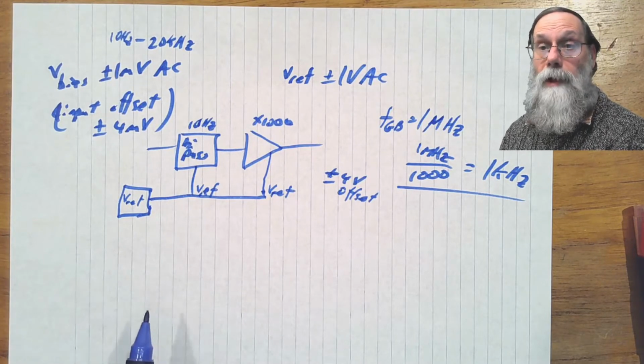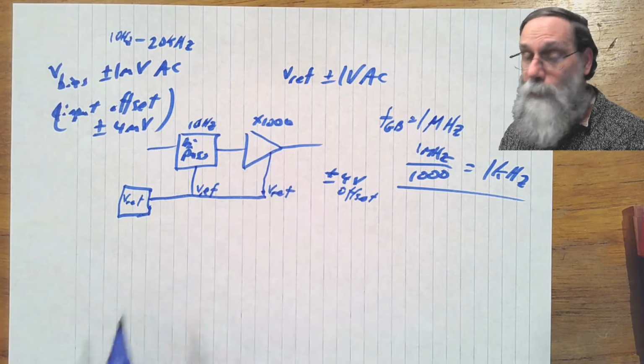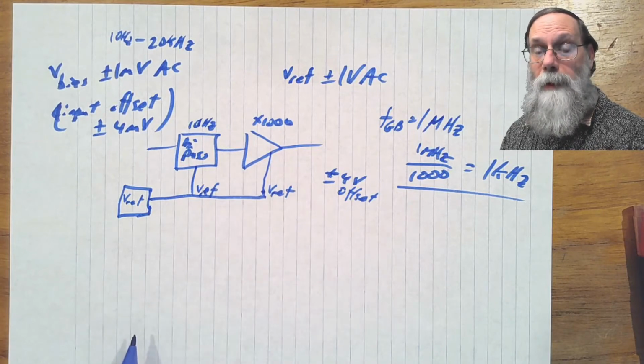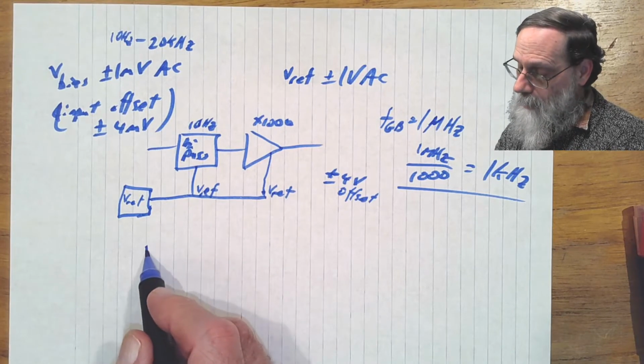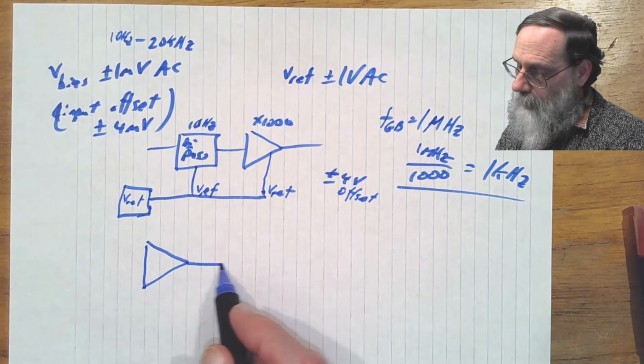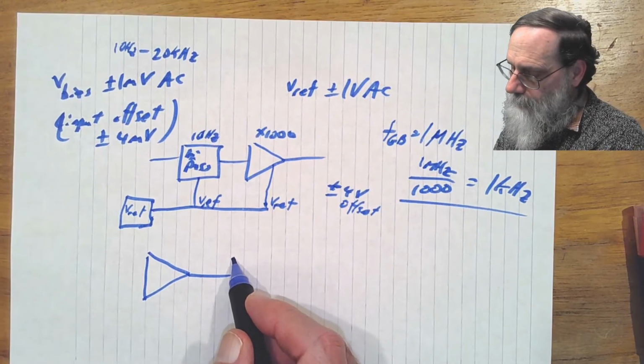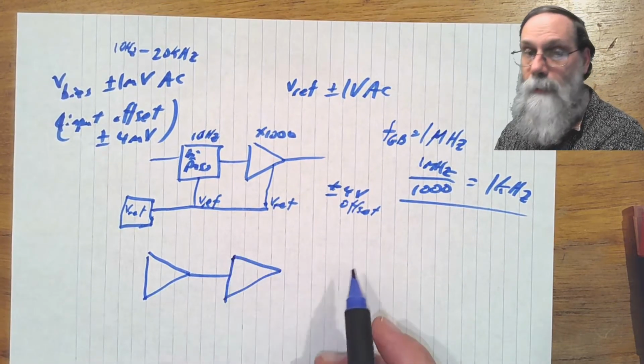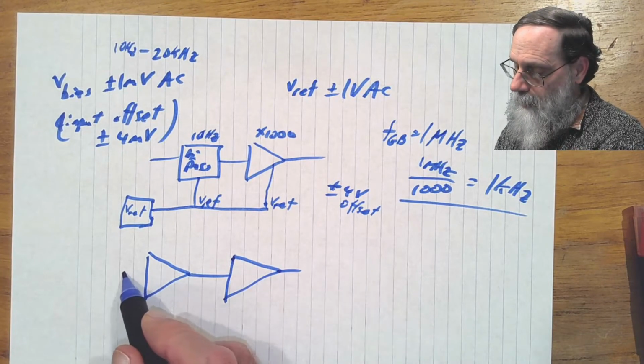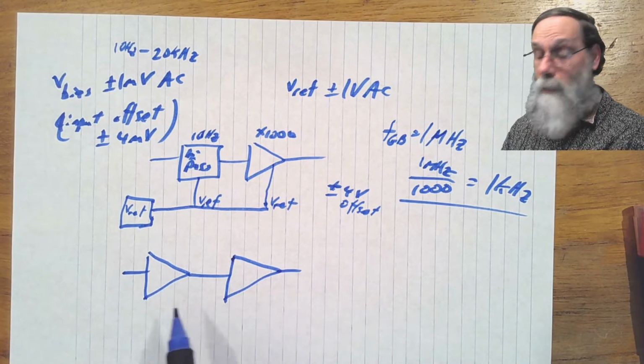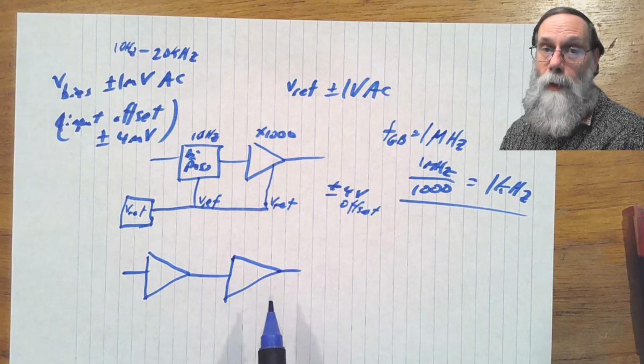But there's things we can do about it. First of all, we can replace that 1000 gain with a two-stage amplifier. And we can make these two gains roughly equal.